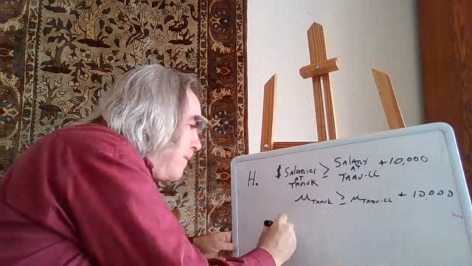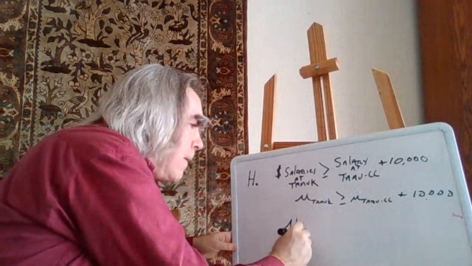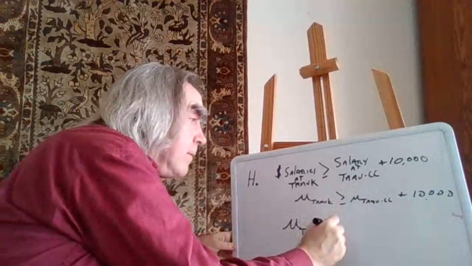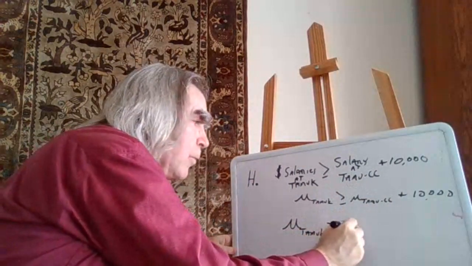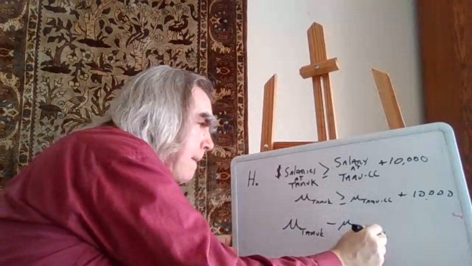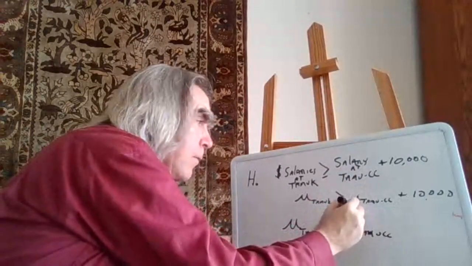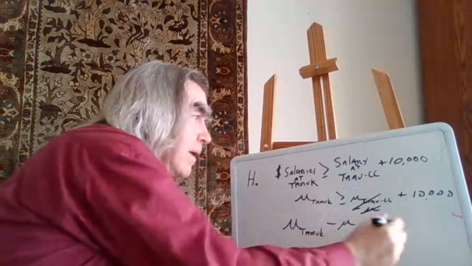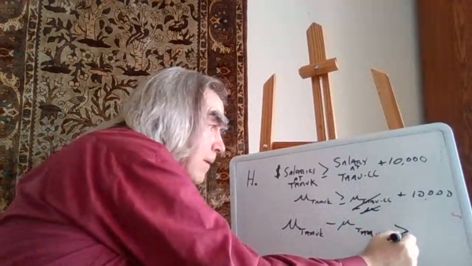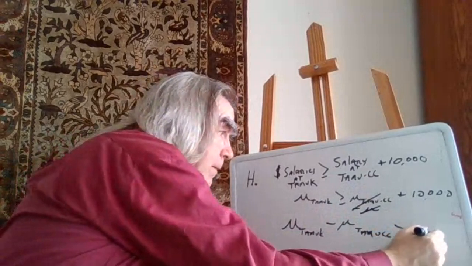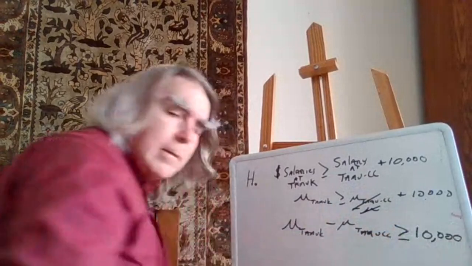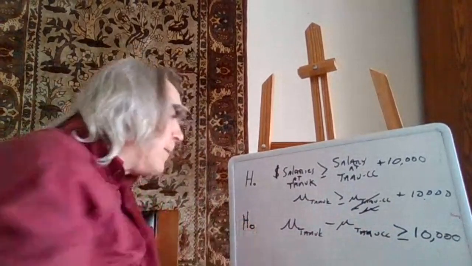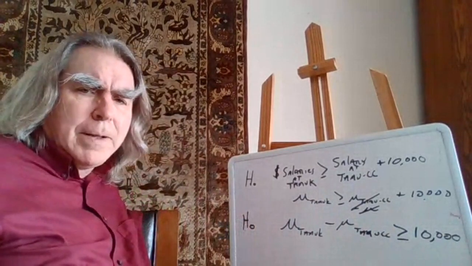If I subtract these off, mu TAMUK minus mu TAMU-CC, subtracting that mu off, those cancel out, is greater than or equal to $10,000. This is my null hypothesis, right?